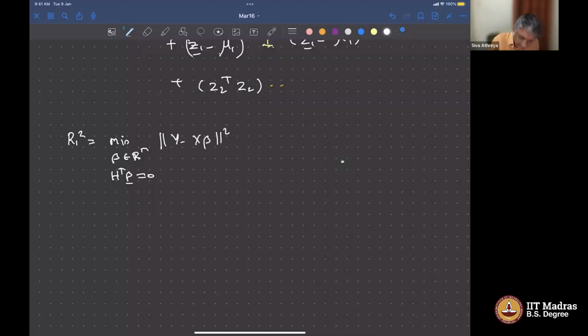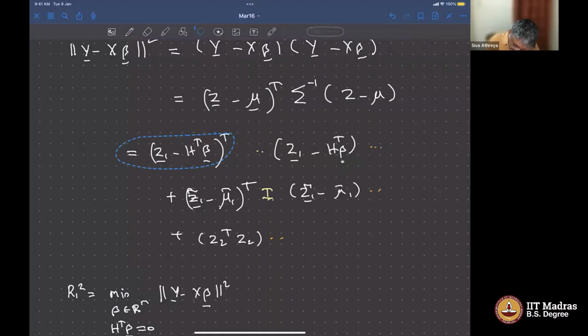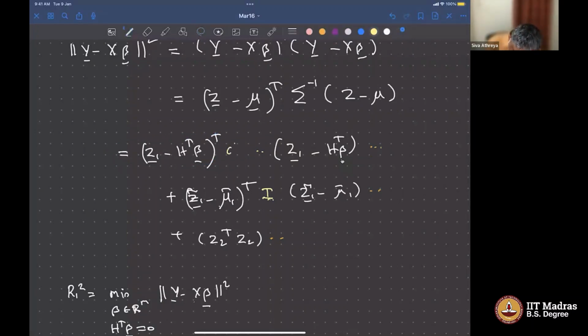That's what R1 squared is. And so let me write this down here. Since I need this, let me have the yellow part, which is C transpose X transpose X C, the whole inverse.